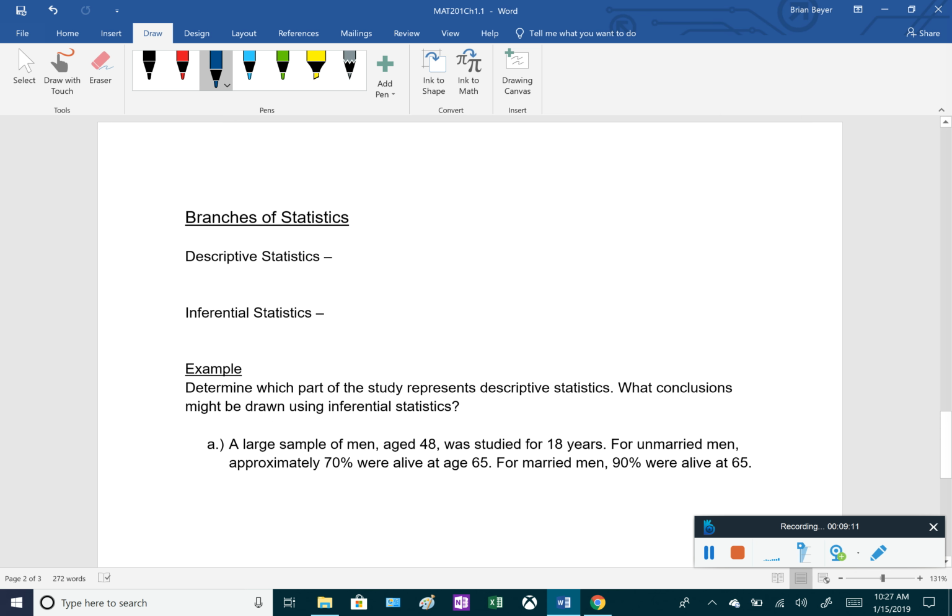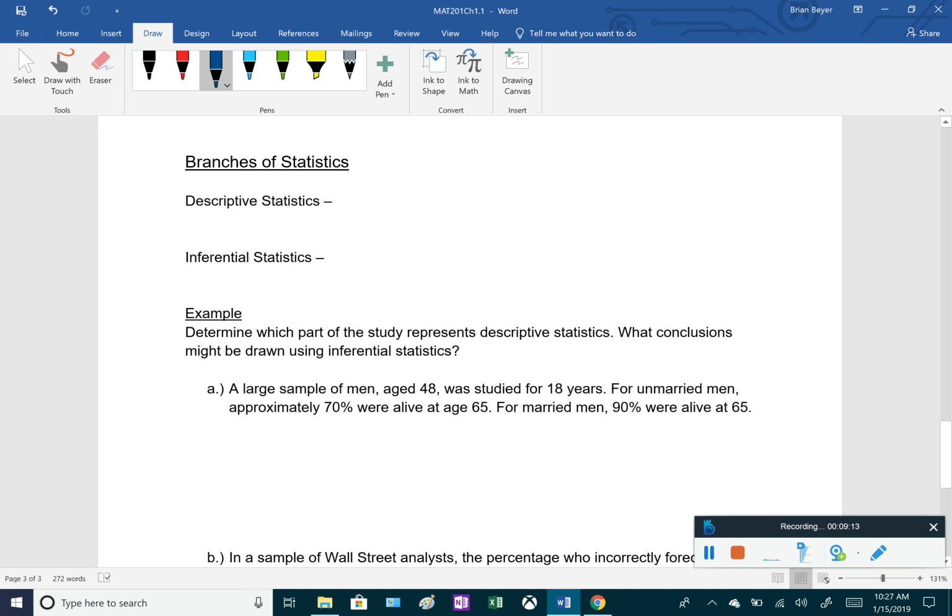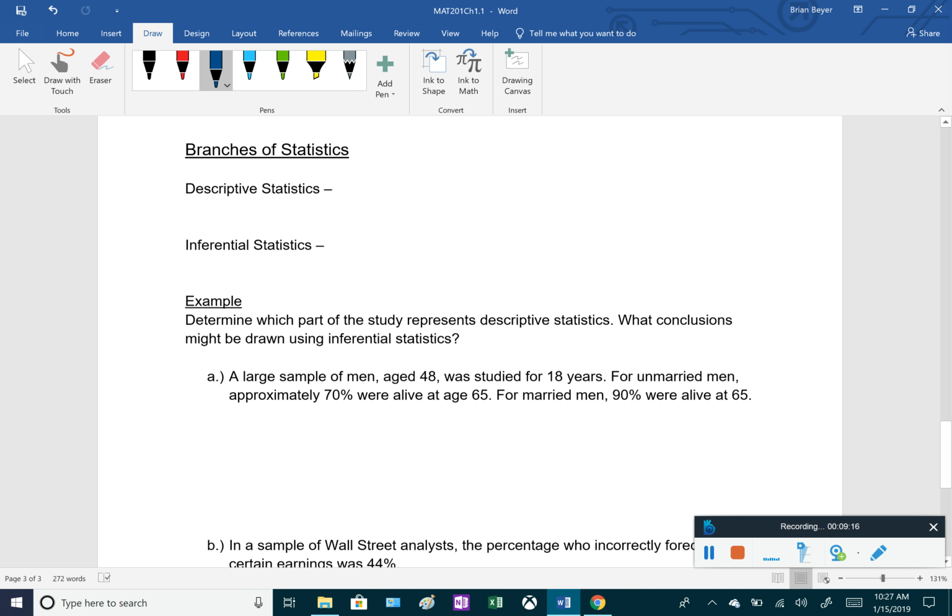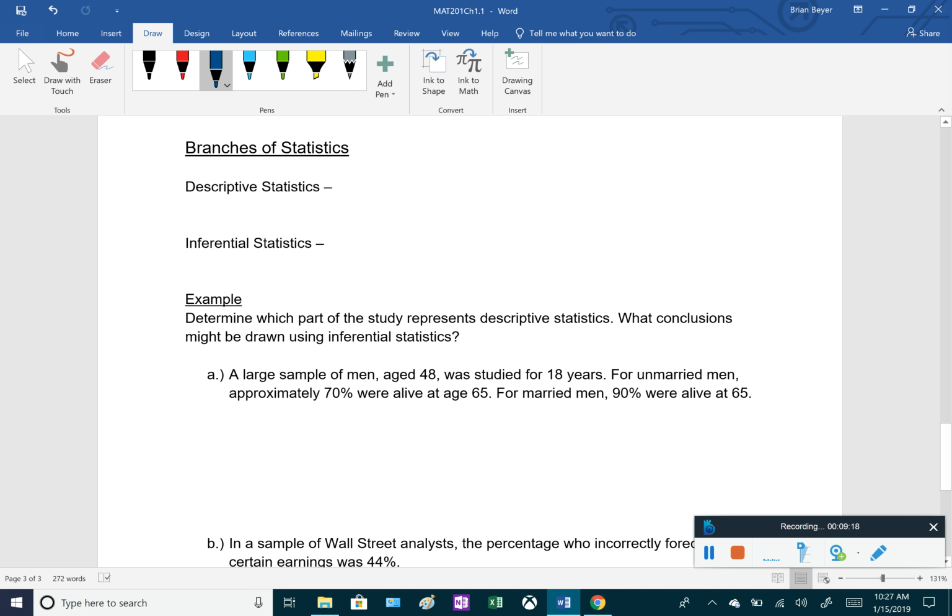Okay, and then for the next little couple definitions here for the last page, we have two main branches of statistics. We have descriptive statistics and we also have inferential statistics. So for descriptive statistics, this type of statistics involves organization and display of data.